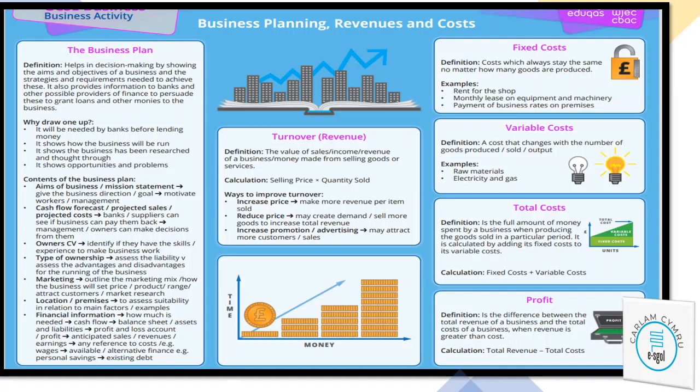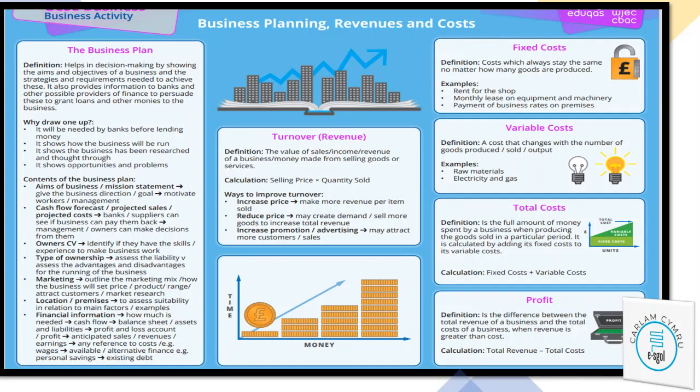Assess the liability versus the advantages and disadvantages of running the business. You've got marketing, what you are going to do in order to promote the business, and what the marketing mix is, and what selling prices are, market research that you've done, location and premises, and financial information that you are going to need to show that the business is going to make a profit. Got turnover, which is also called revenue.